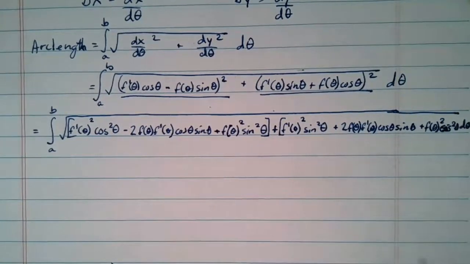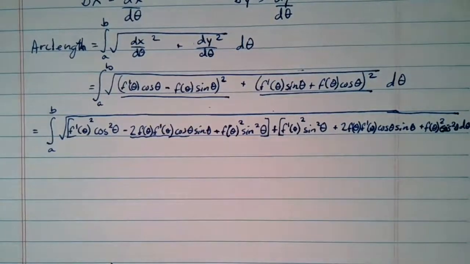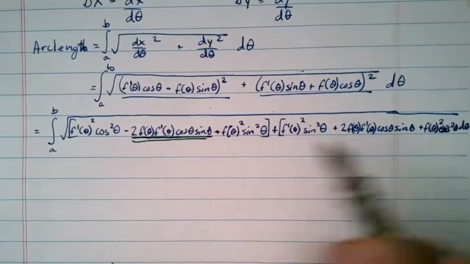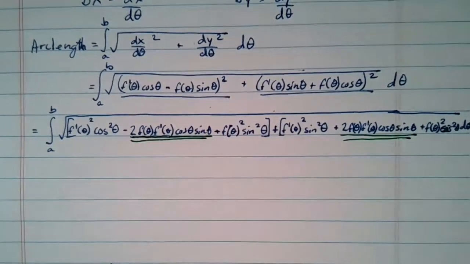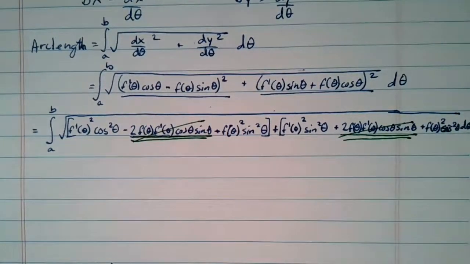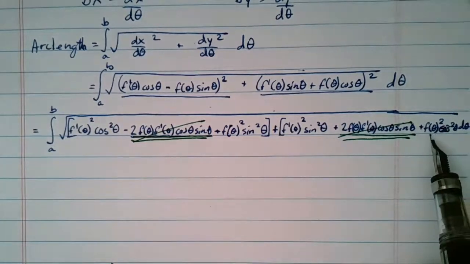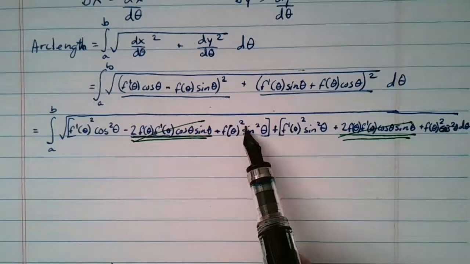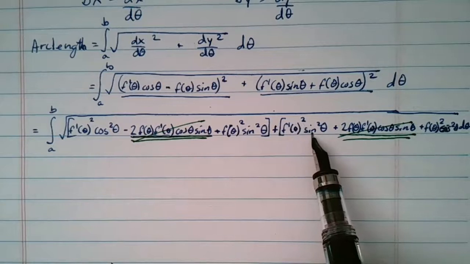Now, something magical happens. This piece here and this piece here are equal but opposite. They will cancel. Yay! That helps a lot. I get f prime squared cosine squared, f of theta squared cosine squared, f of theta squared sine squared, and f prime squared sine squared.